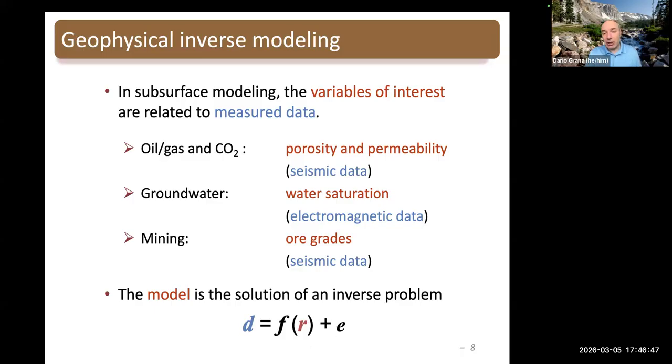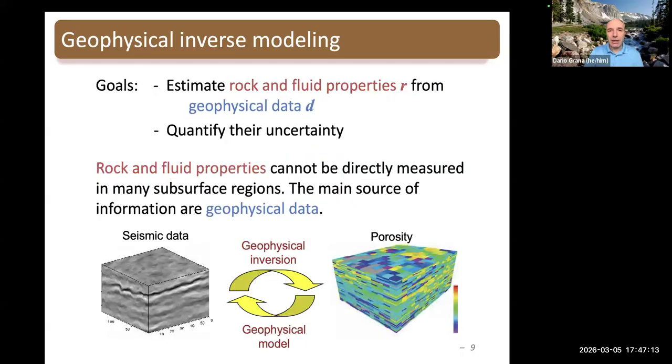Now, if we knew what the variables of interest R are, we could compute the data D, but we don't know R. What we know is D, so we have to solve an inverse problem because now we want to express R as a function of D. We call it inverse because the physics goes from the red variables to the blue variables. Now we measure the blue variables and we want to go back. So this is going to be the problem that we try to solve today.